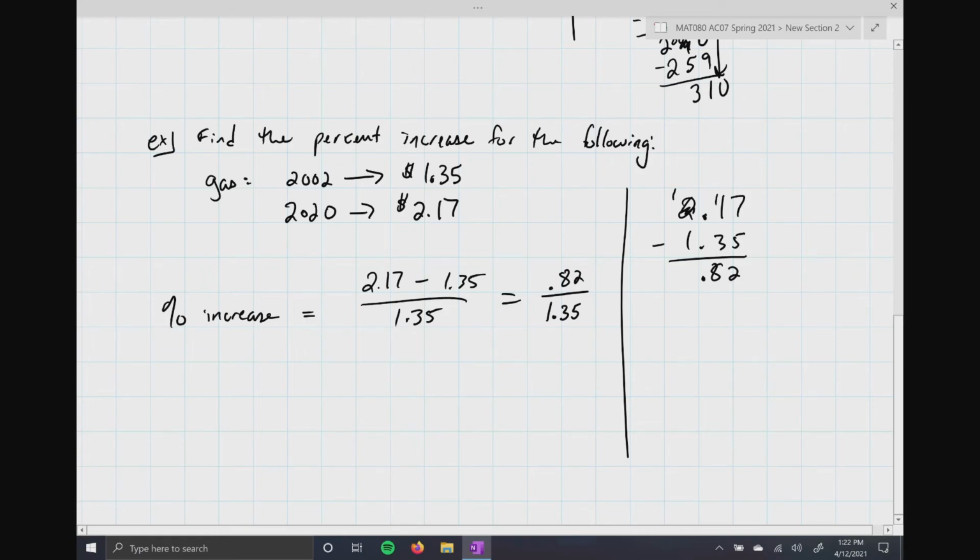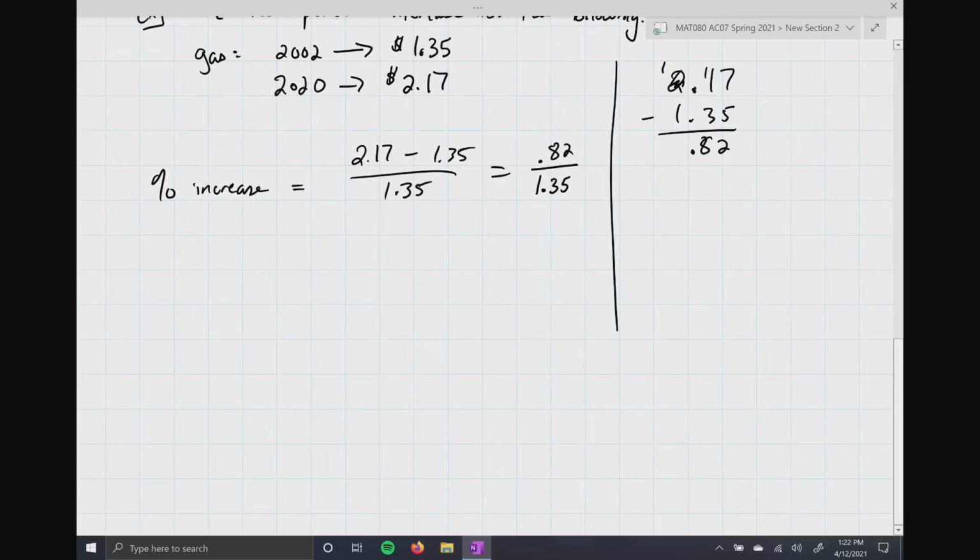So far, are we all on the same page? All right, now we have to divide. 1.35 goes outside. 0.82 goes inside. I need to move the decimal place to the right 2 spots. All right. Put my decimal, put a 0.